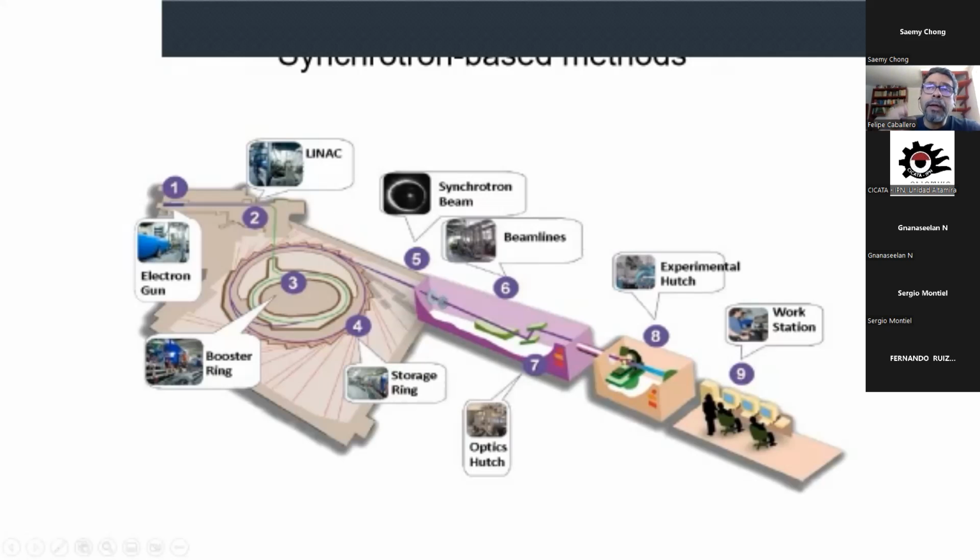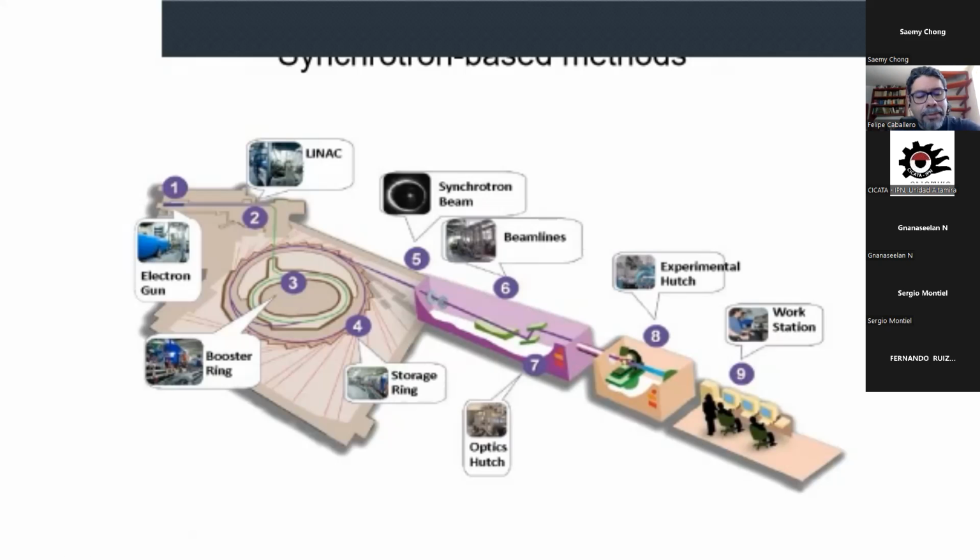They can become anything from X-ray to infrared radiation, depending on the type of extraction device. So this is the chamber, the optics, where you can collimate, concentrate, and do all the processing. And here in the experimental hutch, you put your spectrometer, and it is controlled from a workstation.